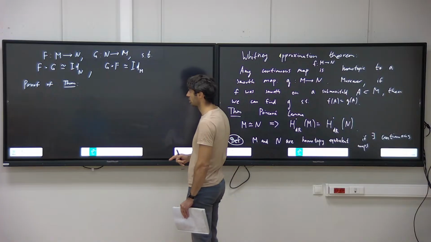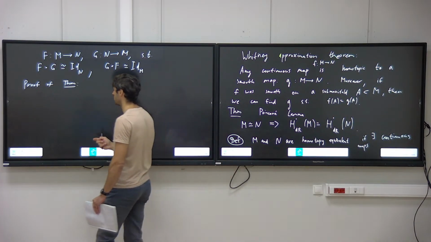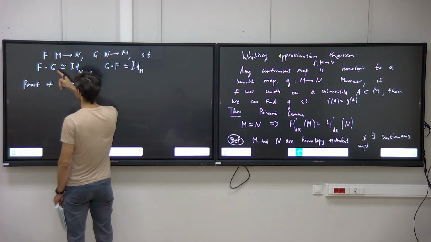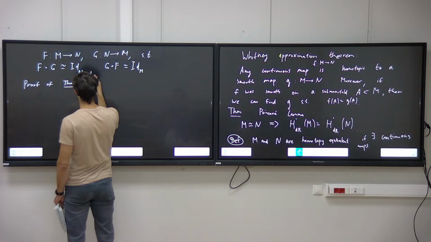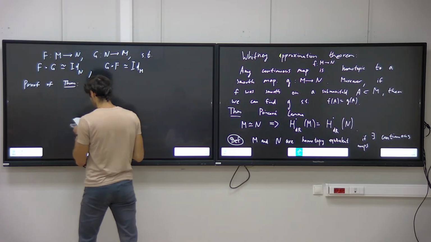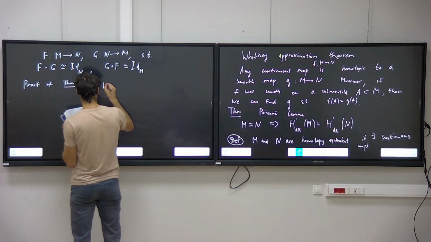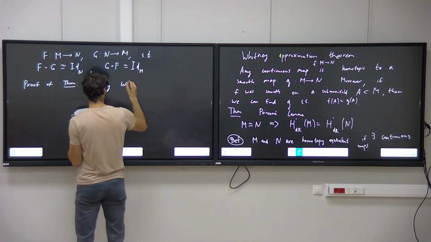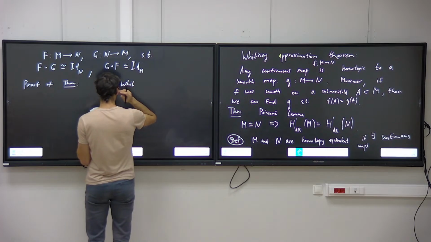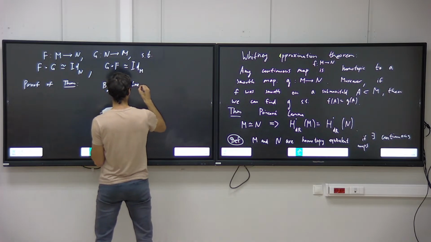Just keeping this notation, I have f and g like that, so they're continuous. And then by the Whitney approximation theorem, we'll apply it 2 times.